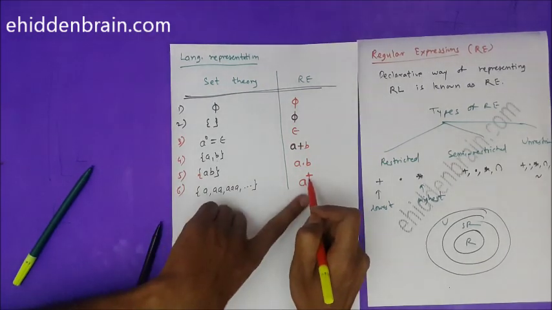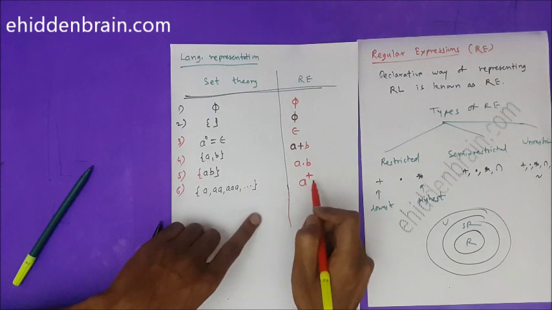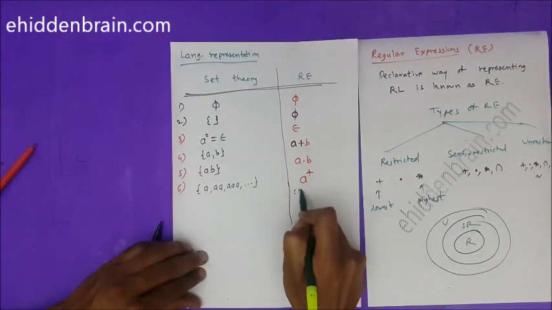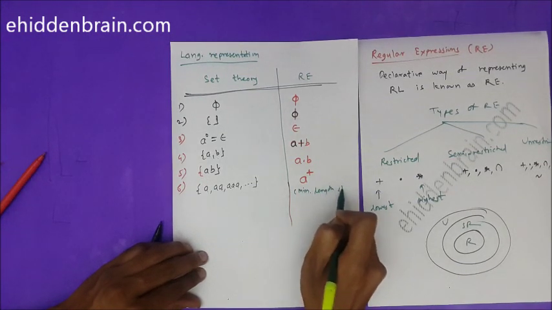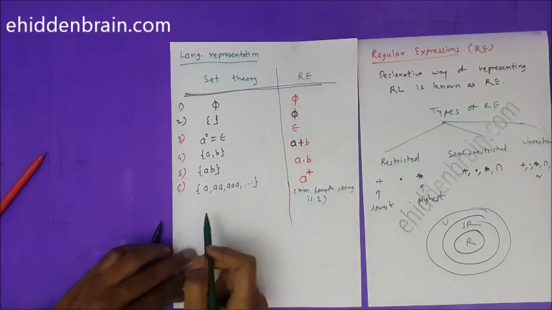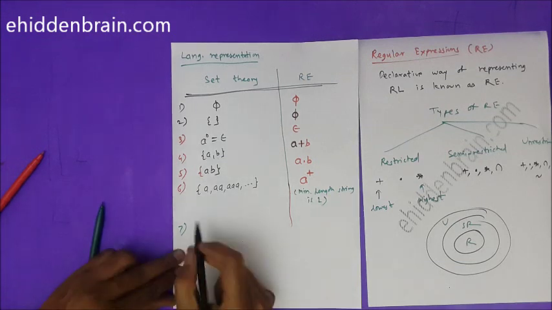So do remember this. What plus means? Minimum length string possible is 1. So here is a hint: plus denotes minimum length string is 1. Okay. Now let's go for the seventh language. Let's say I accept epsilon also along with all the A's.